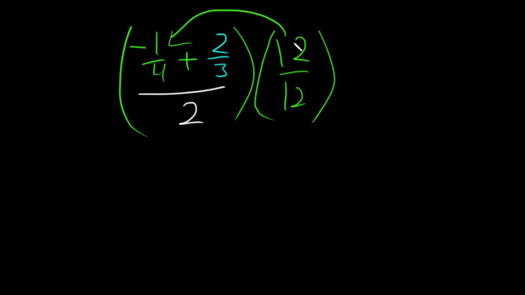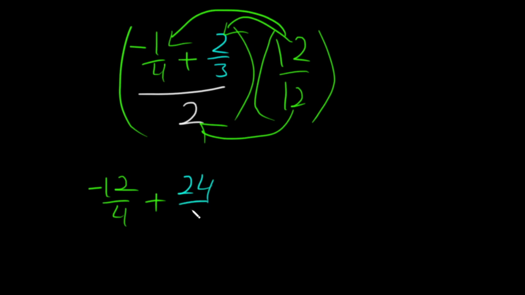We need to distribute. Negative 1/4 times 12 gives us negative 12 over 4. And then 2/3 times 12 would be 24 over 3. And that all goes over 2 times 12, 24.